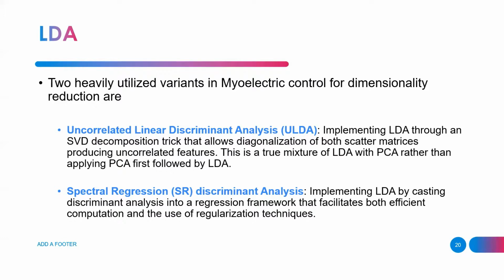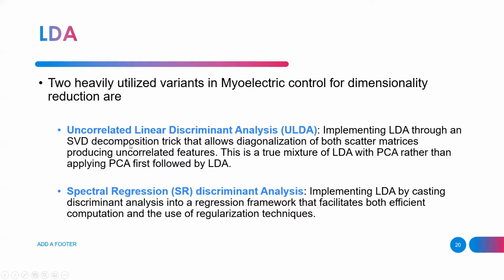With the spectral regression discriminant analysis, it also implements LDA, but instead of relying on SVD, which is computationally very heavy, unlike ULDA, the researchers who developed the SR or SRDA method cast the problem of LDA into a regression framework, which facilitates both efficient computation and the use of regularization techniques.